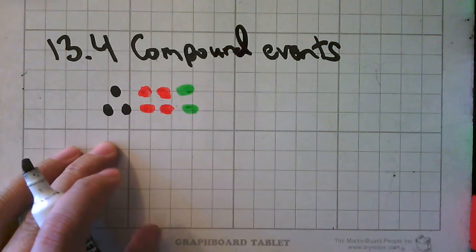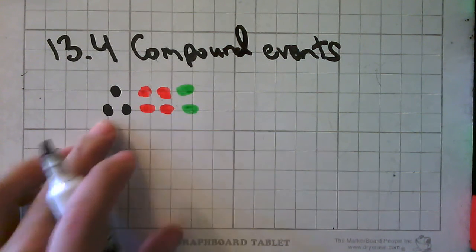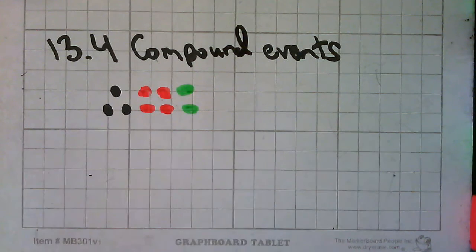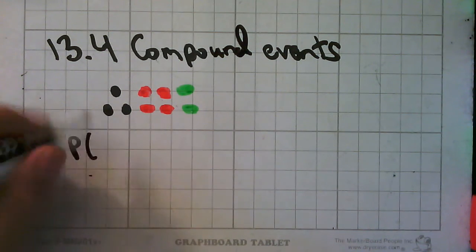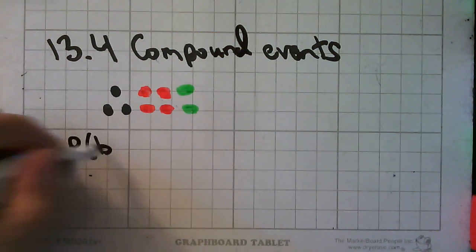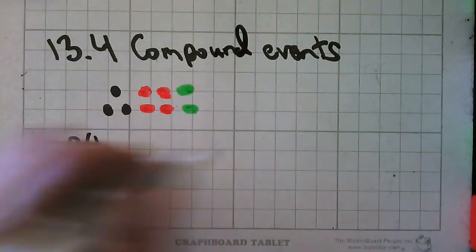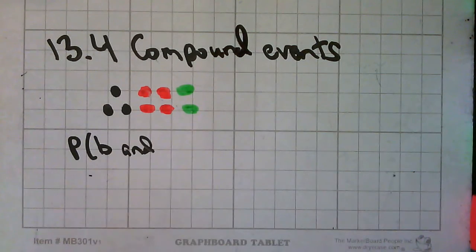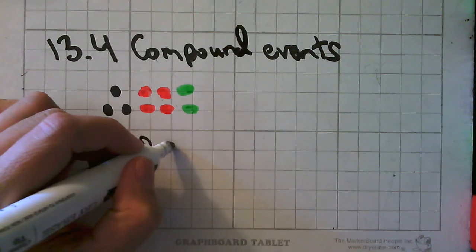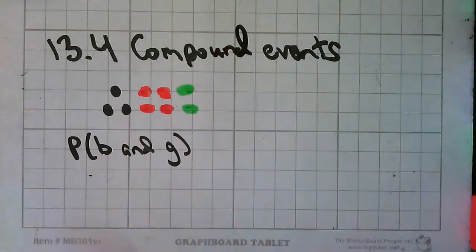So let's say we have an independent event, and I want to figure out what's the probability of getting a black marble and a green one, right?